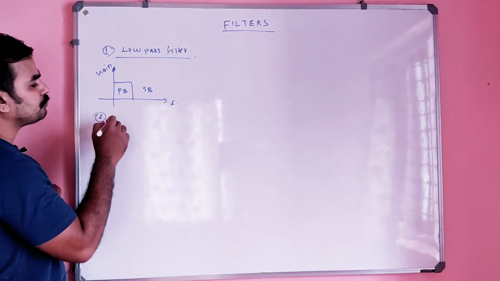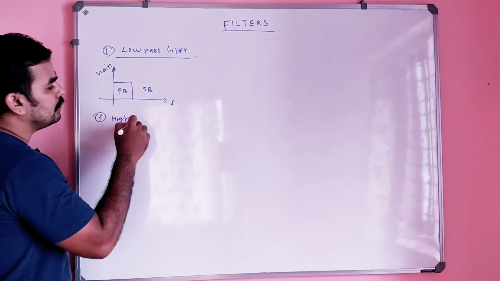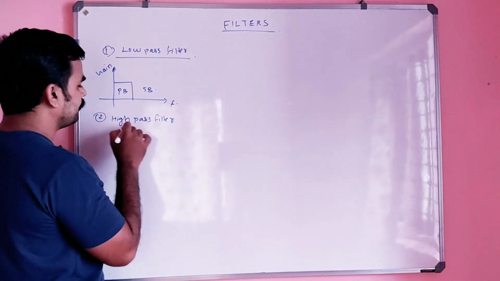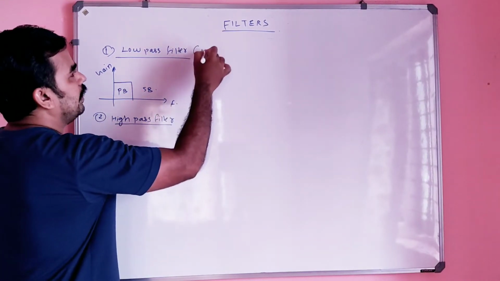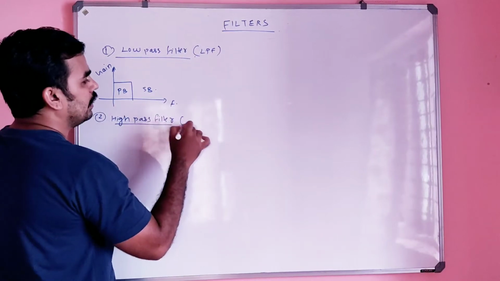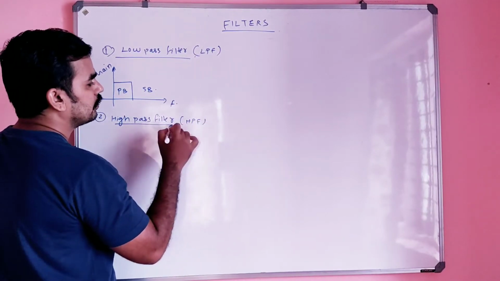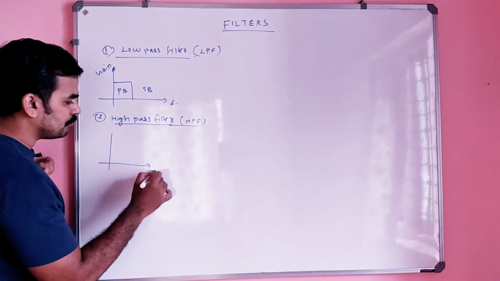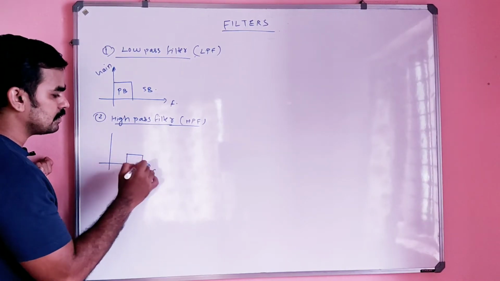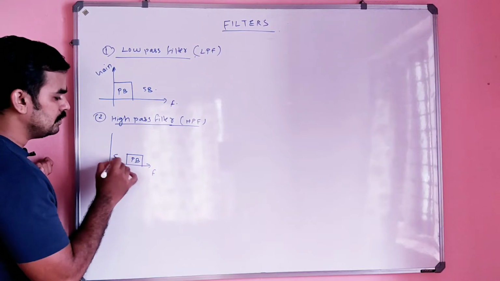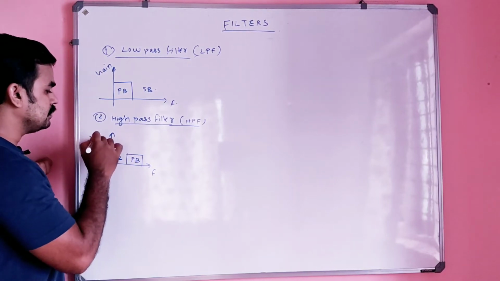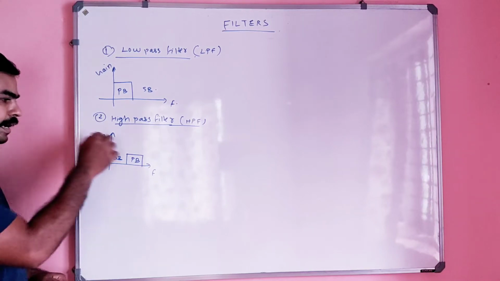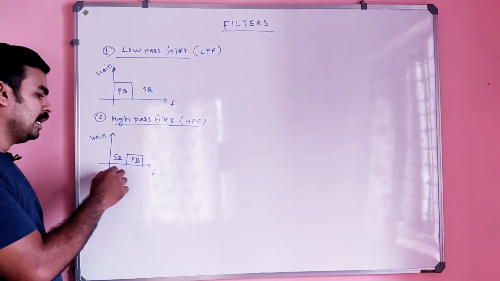And next is the high pass filter. This is LPF and this is HPF. Okay, high pass filter. If you draw the graph of the high pass filter, frequency versus gain, you will obtain a graph like this.